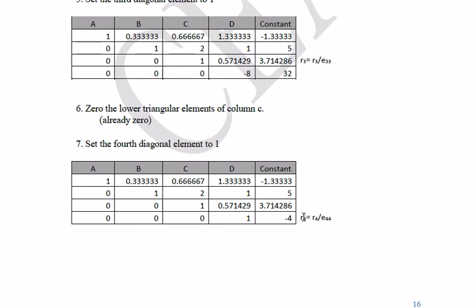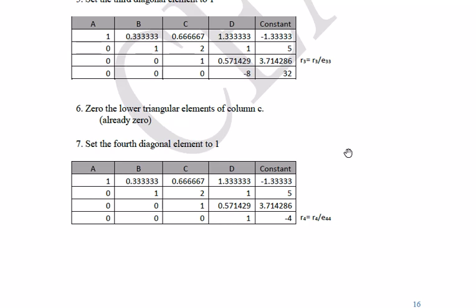So you have here the formula R4 is equal to R4 divided by the element in row 4, column 4, which is negative 8. And then you apply that also to 32. So positive 32 divided by negative 8 will give you negative 4.